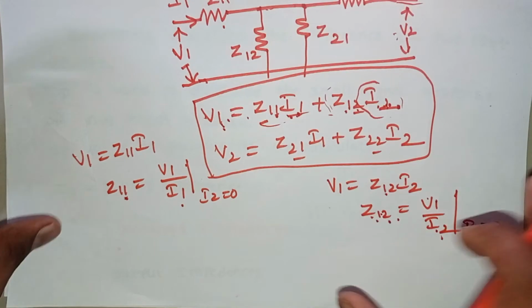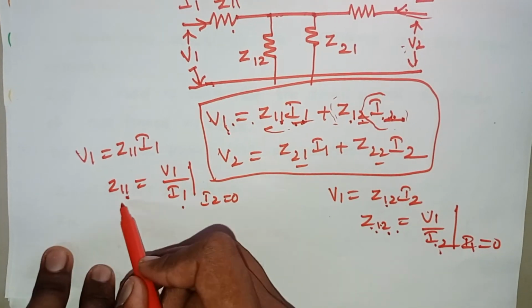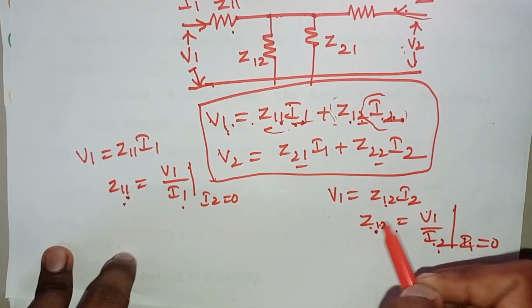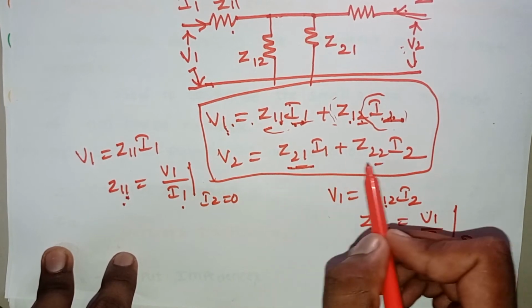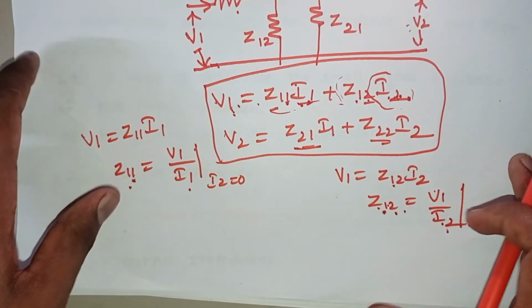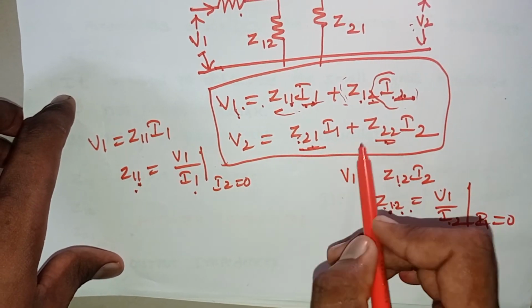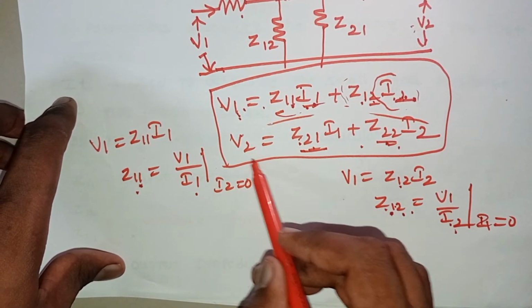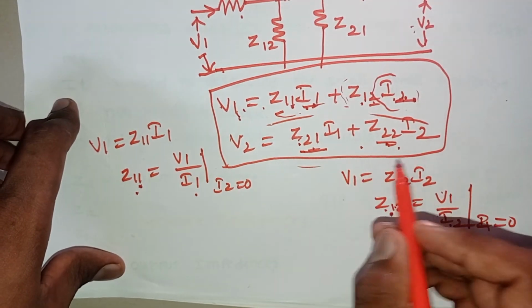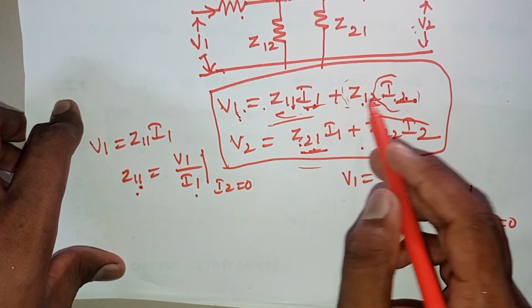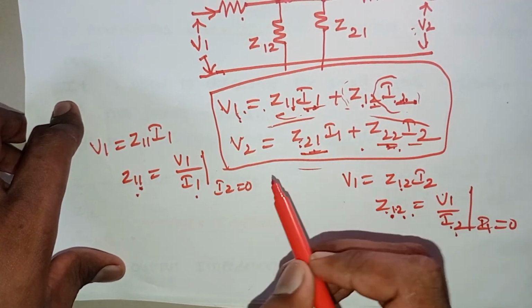Now we have found the values of Z11 and Z12. The remaining two terms are Z21 and Z22. Z21 and Z22 are calculated by using the second equation. Now let's again assume, like the first equation, I2 equal to 0.